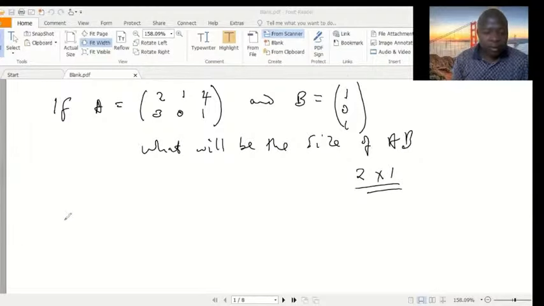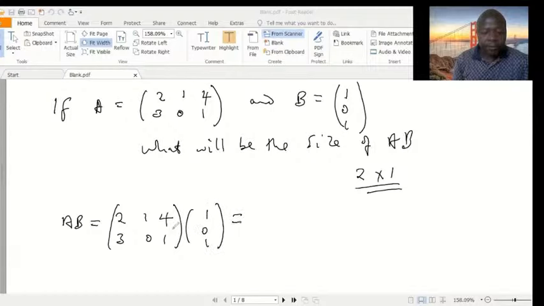Let's see. A is 2, 1, 4, 3, 0, 1. Multiply this by B, which is 1, 0, 1. 2 times 1 is 2. 1 times 0 is 0.